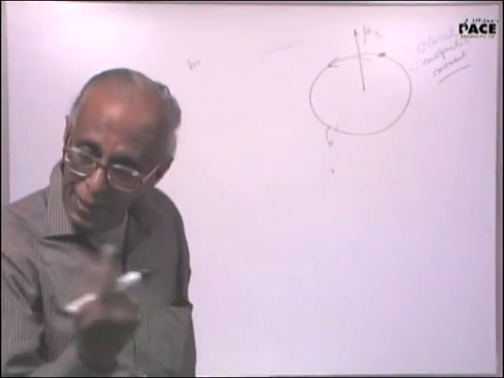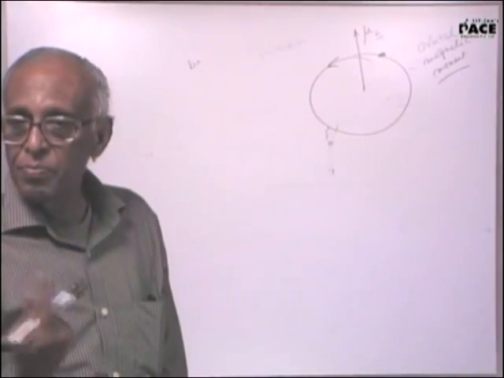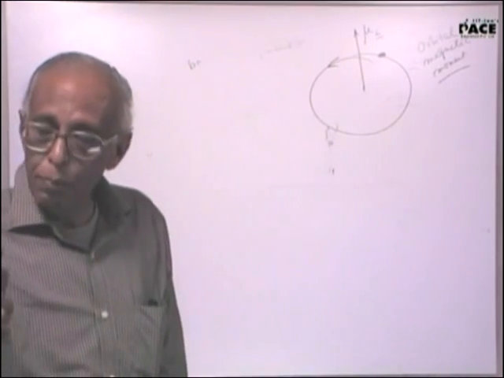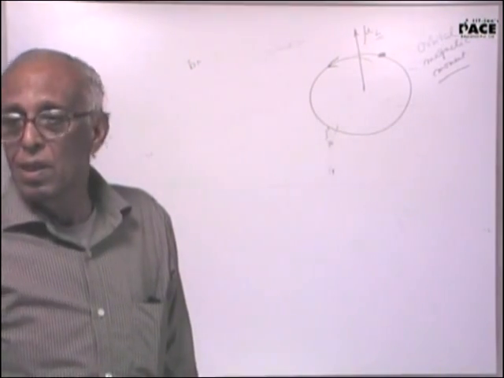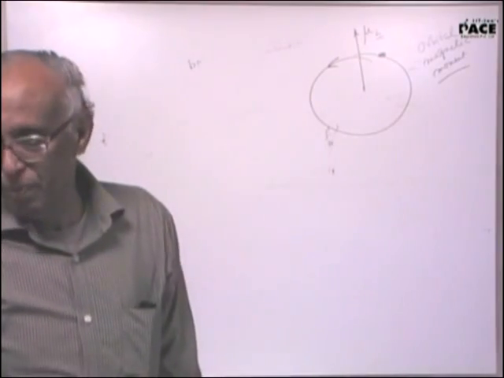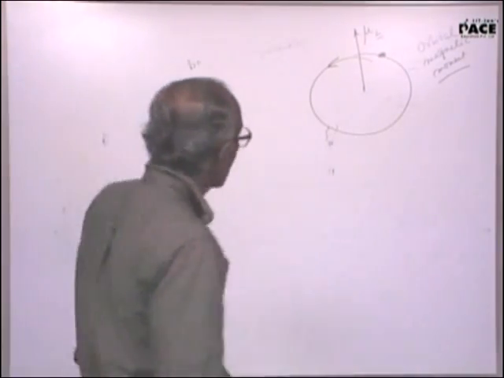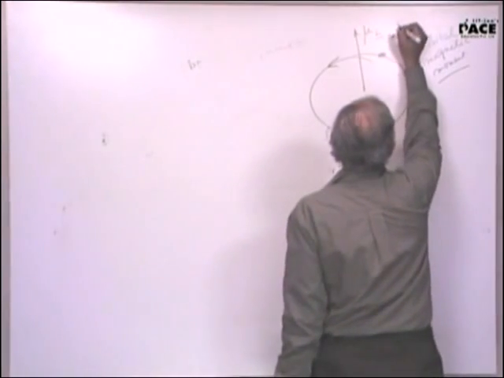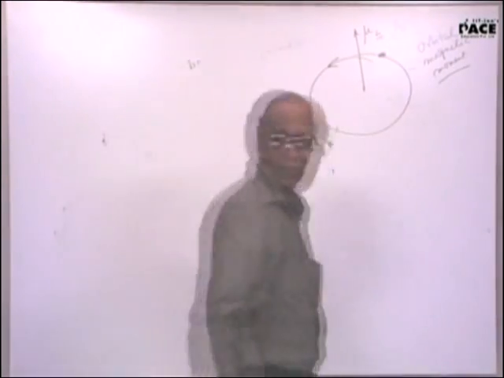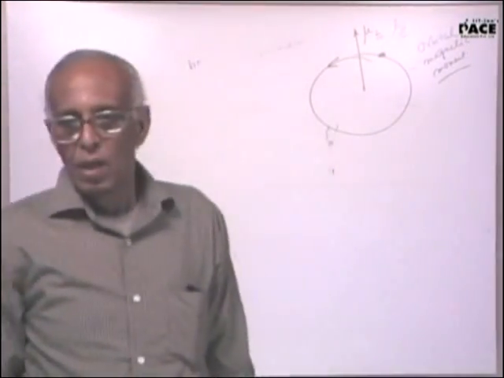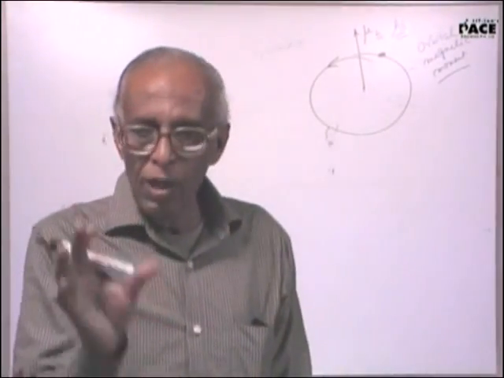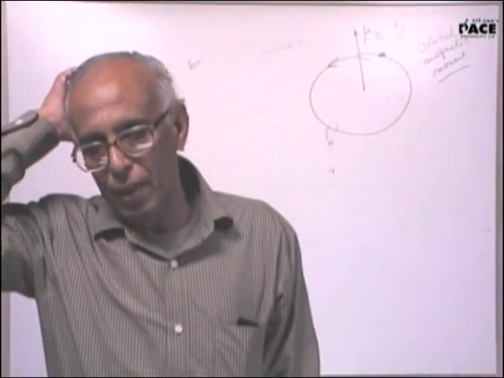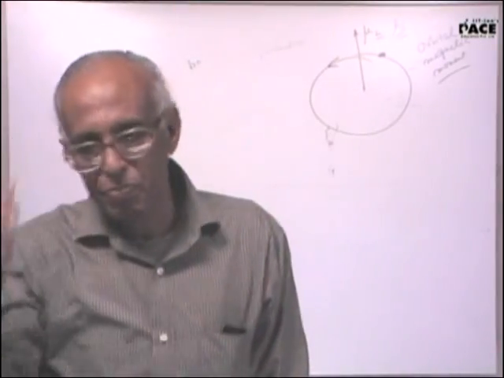Due to the spinning motion of the electron, a magnetic moment will be created, and that is called spin magnetic moment. Now in your syllabus, only the spin-only magnetic moment is included and not the orbital magnetic moment.